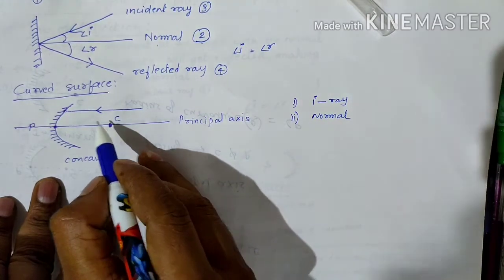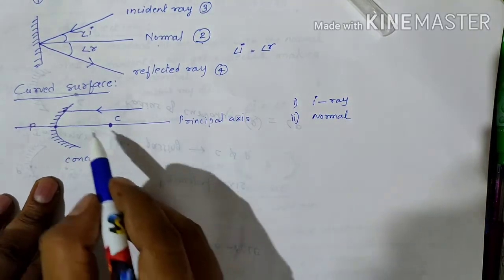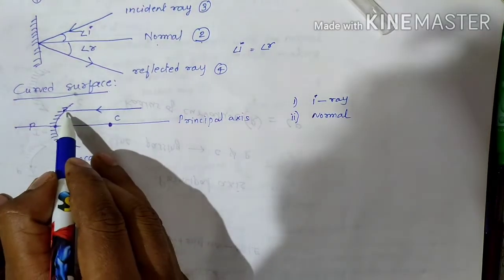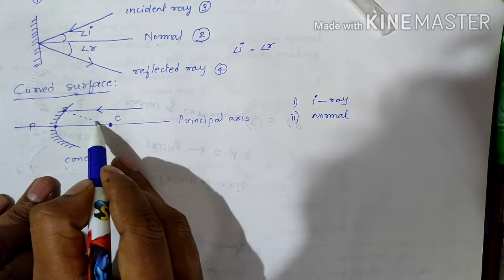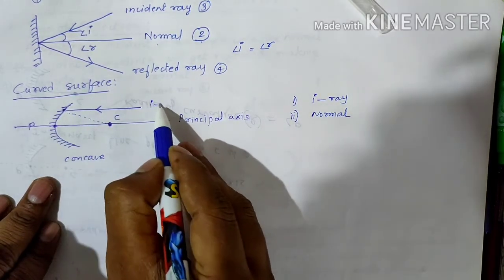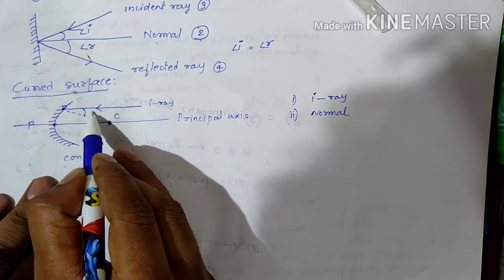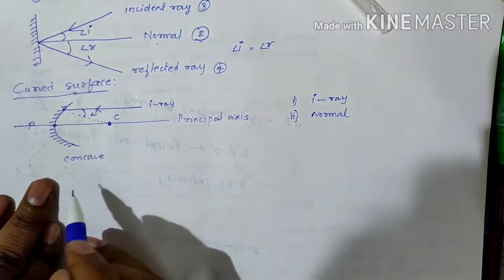Any line drawn from the center of curvature to the point of incidence is called the normal. So this is the normal. This incident ray makes some angle with the normal, which is nothing but the angle of incidence.